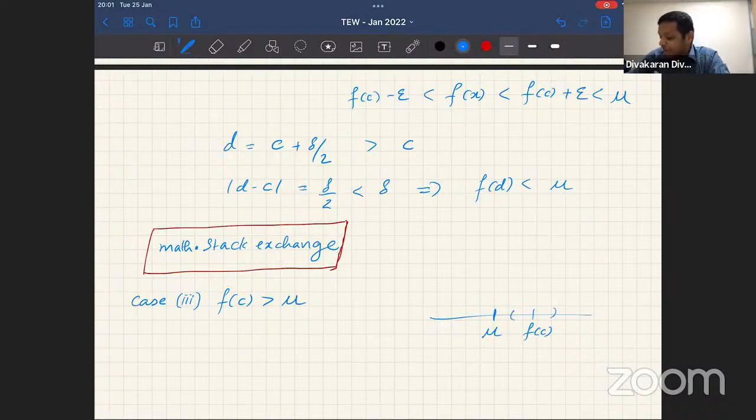Again, we choose the same kind of epsilon. This time, how should epsilon be? f of c plus epsilon should still be greater than mu. That's how we choose an epsilon.